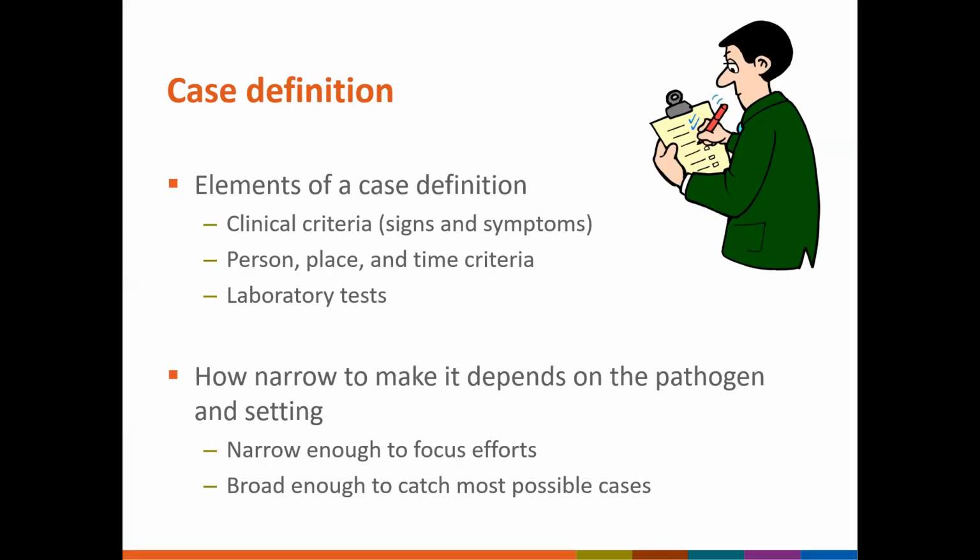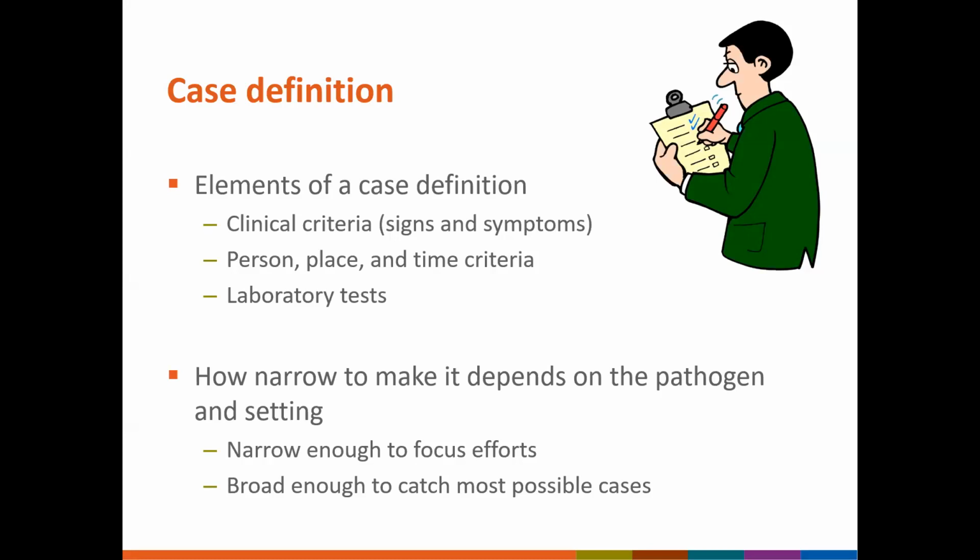When you know person, place, and time in epidemiology, you will be able to think in a more focused way, and it will guide you to the source very easily.